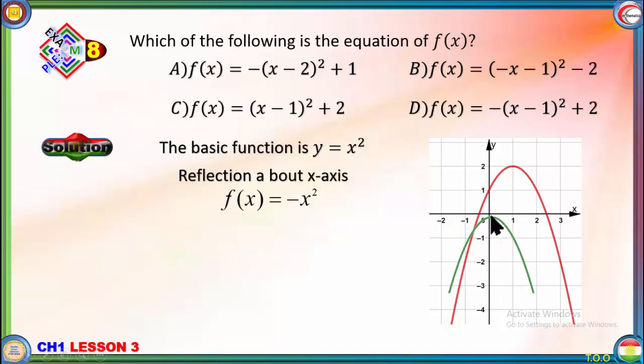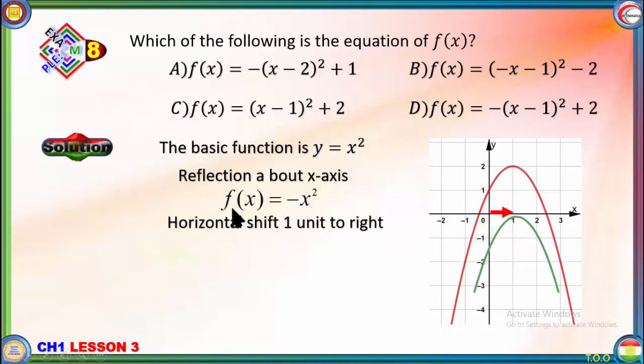And if we look at the vertex of this function and the vertex of this function, this is to the right of this one. Therefore, we must move it 1 unit to the right. And this function f(x) changes to minus (x minus 1) squared, because we move it to the right horizontally.